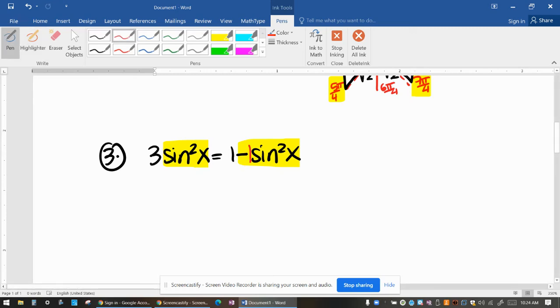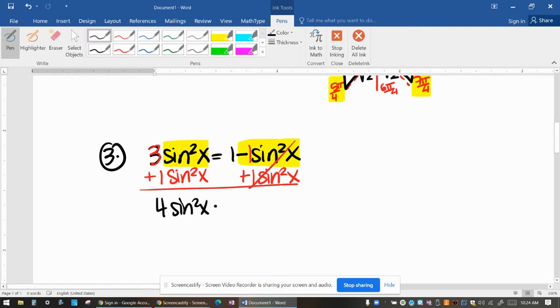So this represents a -1, right? This is a 3. So it's kind of like when you had the same variable on both sides, you canceled the smaller one. Some of you learned to do it that way. So I'm going to go ahead and cancel a -1 sine squared x. And then I'm going to continue isolating the trig function.